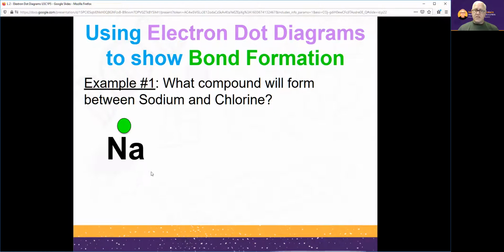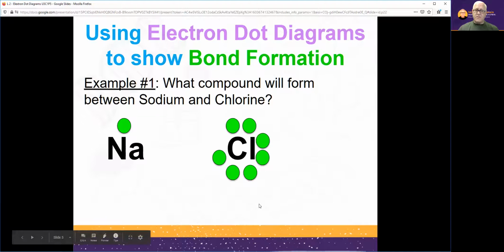And sodium has one valence electron. It's in group 1. Chlorine, all the way on the other side of the periodic table, has 1, 2, 3, 4, 5, 6, 7 valence electrons.